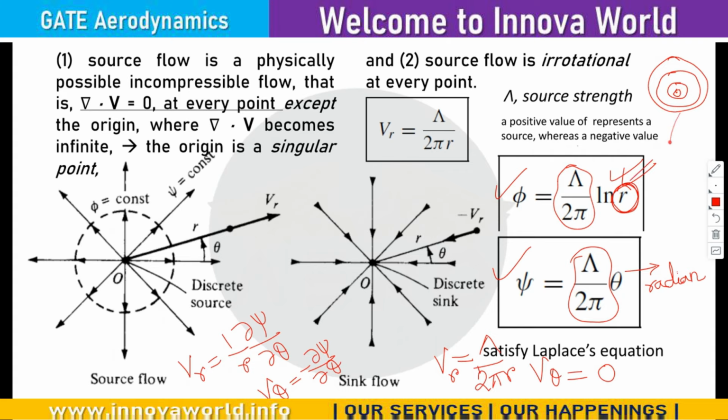That means if it shows concentric circles for a source flow, it has to be the velocity potential function. If it is radial like this, that has to be the stream function. Wherever the velocity potential is in terms of r, the flow will be represented in terms of concentric circles.